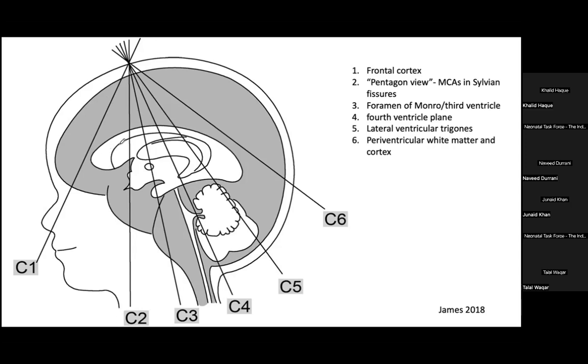The second one is also called the pentagon view, in which you will find the Sylvian fissure. The third is the cut you will do at the level of the foramen of Monro and third ventricle. The fourth cut will be in the fourth ventricle plane. The fifth one, you will find the trigone of the lateral ventricle, and finally C6 will represent the posterior occipital parietal lobe.